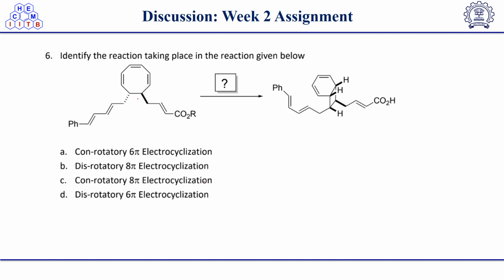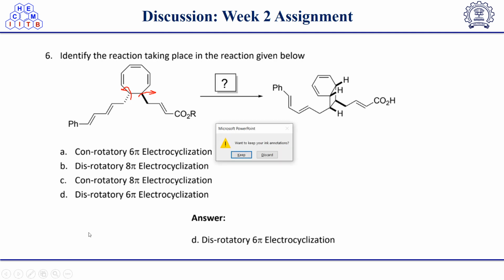So here the rotation will be like this to here and this to here. So the rotation will be in opposite directions, then only we can get this corresponding product. So it is disrotatory 6 pi electrocyclization. I will show that example which we discussed earlier.